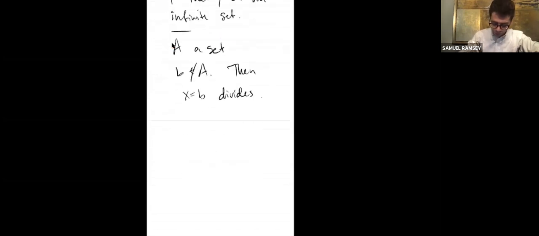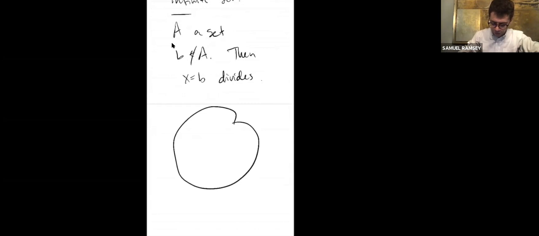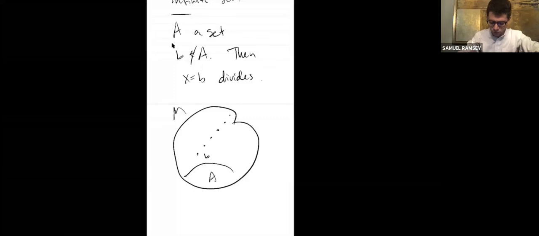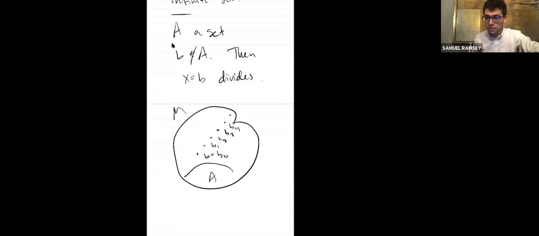Think about why. So I've got a model of my theory. I've got some set A, and I've got some B. What do I do? Well, I just take any collection of pairwise distinct elements. So I think of B as b0, b1, b2, b3, b4. These are all distinct. It's easy to see by quantifier elimination that this is in fact an indiscernible sequence already, just saying that they're different.